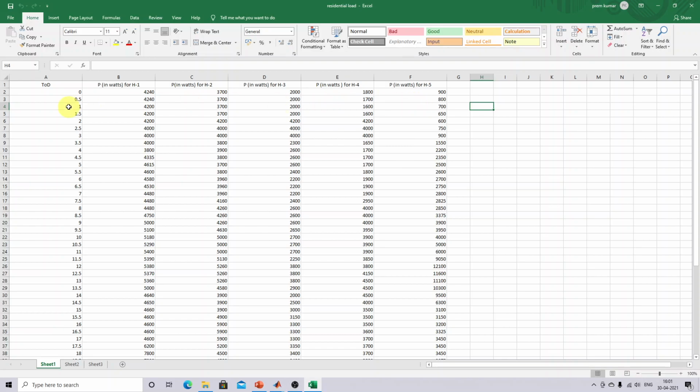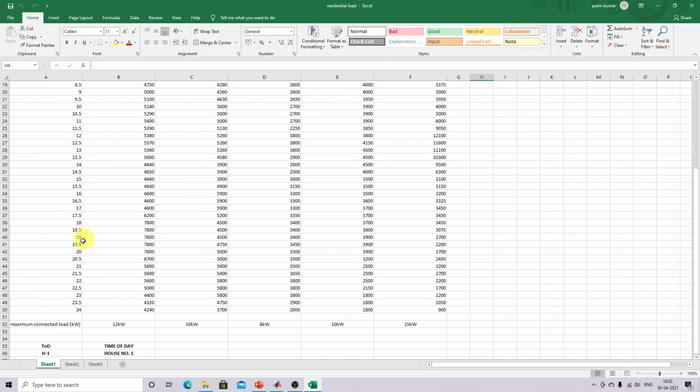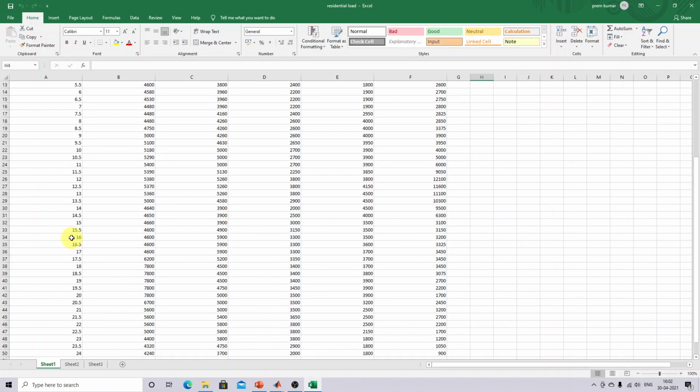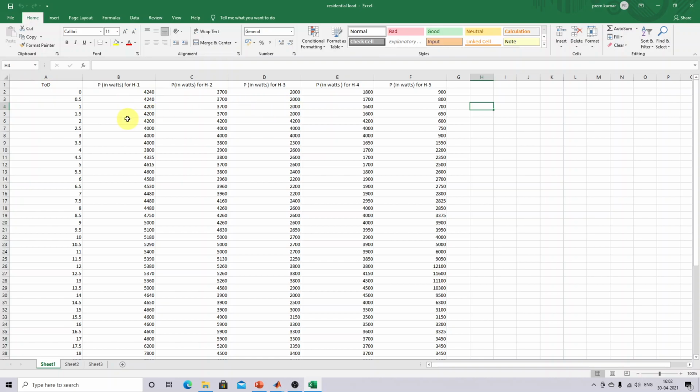So data is taken for every 30 minutes. So totally the data covers 24 hours. Based upon the time of the day, the load in the residential section is going to vary.